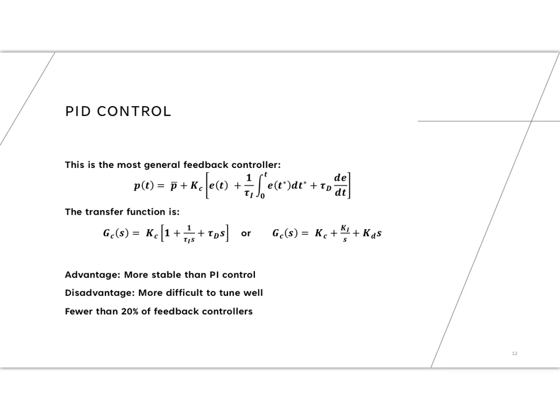So it's going to be used about, maybe 20% of the time, but it is going to be important. And almost always when you purchase a feedback controller, it is going to be a PID controller. And then you can choose to turn off any of the modes you don't wish to use. So most of our controllers will in fact be this type, but we won't use all of the modes.